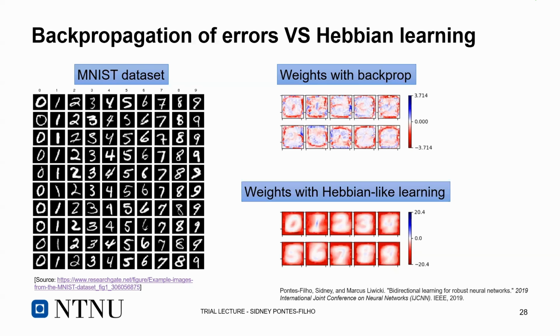You can see the difference of these two methods for training an artificial neural network or spiking neural network. Backpropagation gives a much noisier representation of a number, while with Hebbian-like learning, it kind of gets the structure of the numbers.